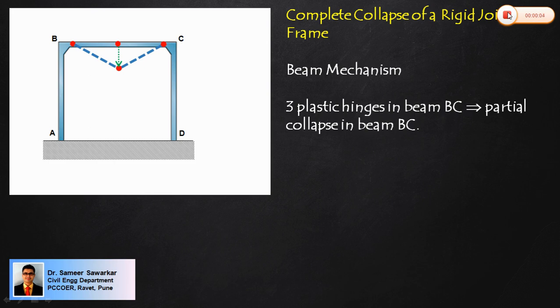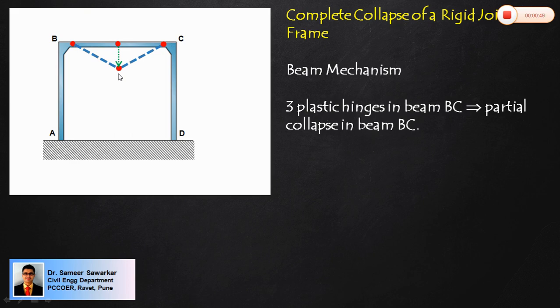Now a question may come: why are we showing these plastic hinges in the beam, not in the column, suppose somewhere near the rigid connection at point B or at point C? The idea behind this is that whenever we design a steel structure or RCC structure, we usually design it keeping in mind the strong column, weak beam philosophy. That is, columns are always designed relatively stronger compared to a beam, because when a beam fails, probably only that beam fails, but when a column fails, more damage is likely to occur.